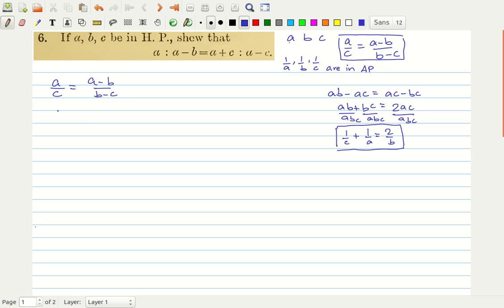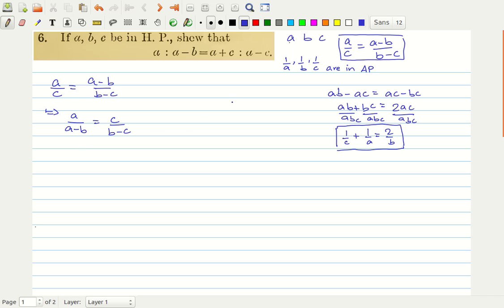So this implies that A is to A minus B should be equal to C is to B minus C. All I have done is just bring A minus B to the denominator on the left hand side and bring C to the numerator on the right hand side, right?